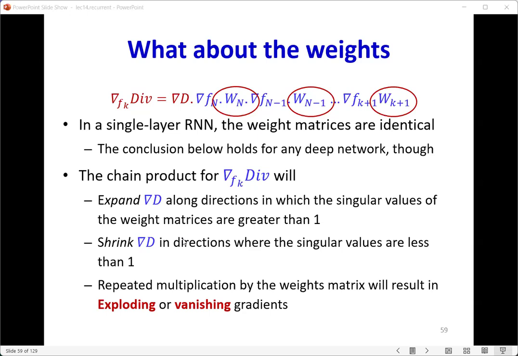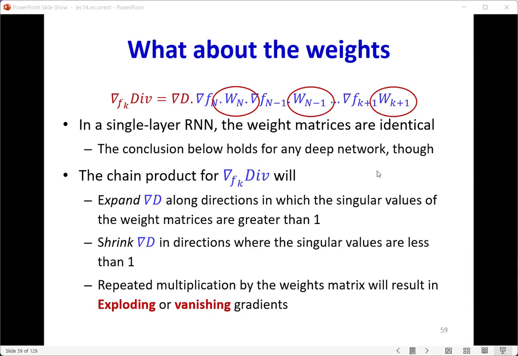The rest of them are going to shrink in length. But a vector goes past this matrix, some components shrink and others expand, and then it goes past the Jacobian and everything gets changed. The components that may have expanded over here can end up, after going through the Jacobian, in a direction that's going to shrink for the next matrix.